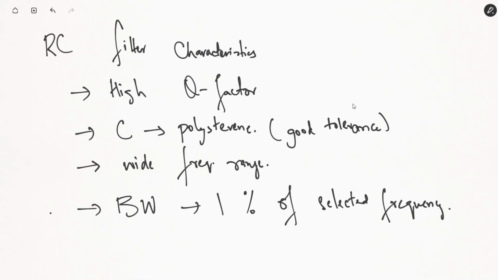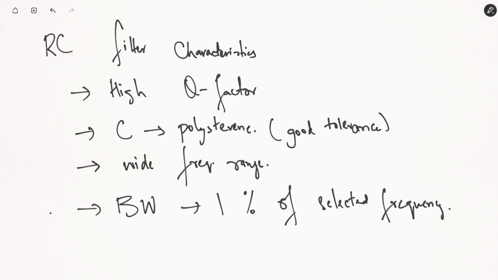Polystyrene actually offers very good tolerance. So your RC filter can be tuned to a wide frequency range, from the kilohertz range to the megahertz range. And apart from that, the bandwidth of this RC filter will be 1% of the selected frequency. That means once we are tuning this to a particular frequency, the bandwidth should be limited to 1%, so that we are able to cover the least possible portion of frequencies.